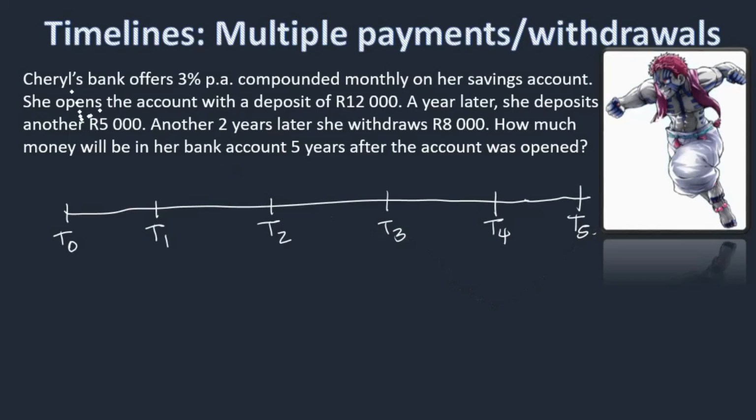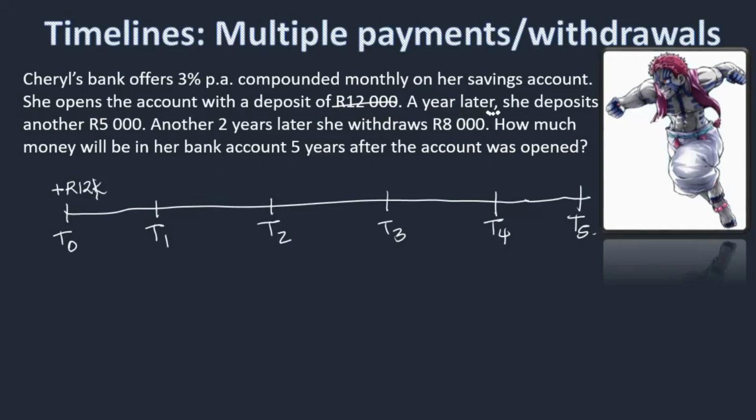Right. So what's happening is that this person opens an account for 12,000. So here she deposits 12,000, right? Please bear in mind that drawing timelines on the exam, they do not have marks, but they are very important for you. So down with the 12,000, I wrote it.